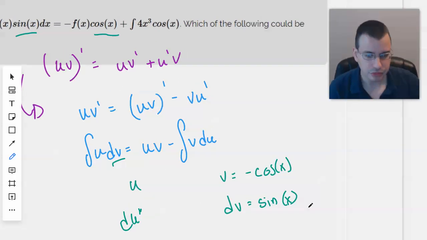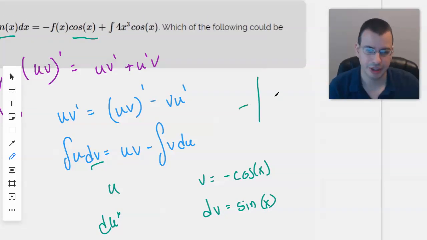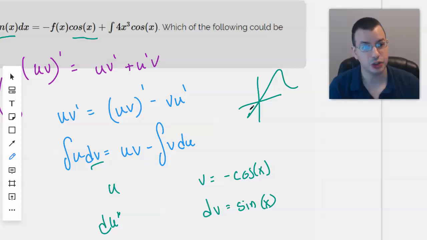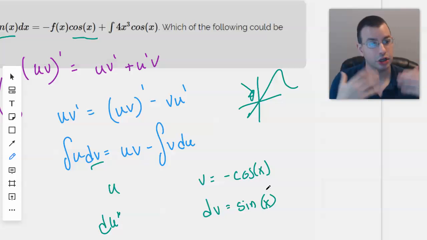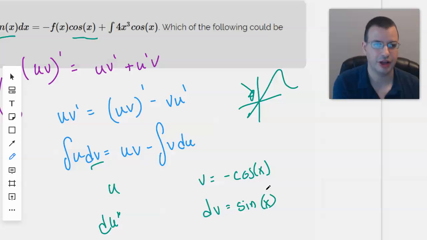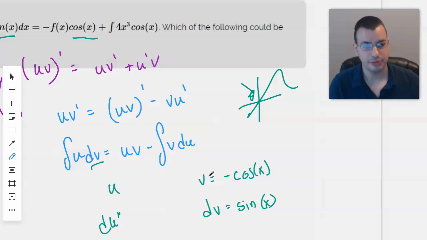I am terrible at this, but all I remember in life is the graph of sine of x, and the derivative of sine of x is positive. I remember that by looking right here at 0, it's like, oh, it does go up. So positive slope, positive derivative. And so if the derivative of sine of x is cosine of x, then the integral of sine of x will be the opposite. It will be negative cosine of x. As long as you can remember the sign, however you do it, that's good.